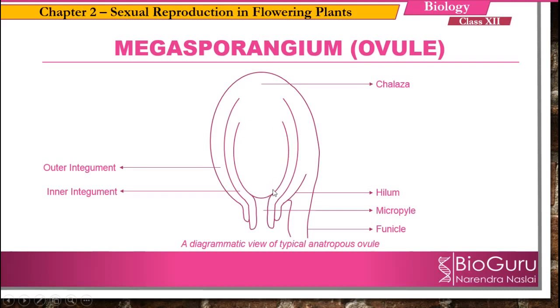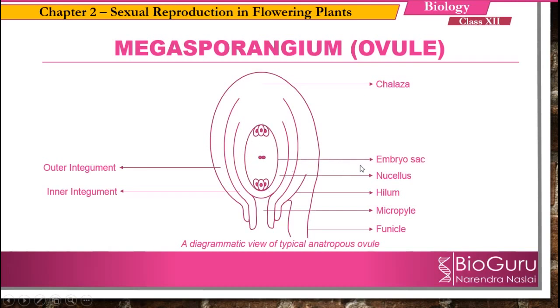Now, inside the integument, this region has nutritive tissue. This nutritive tissue is called the nucellus, not nucleus. Nucellus is the nutritive tissue enclosed in the integuments of the ovule. Inside the nucellus, there is a special structure, this one, right?